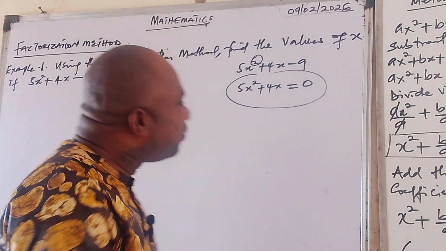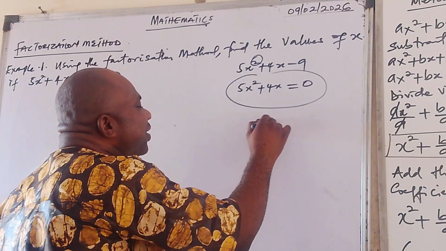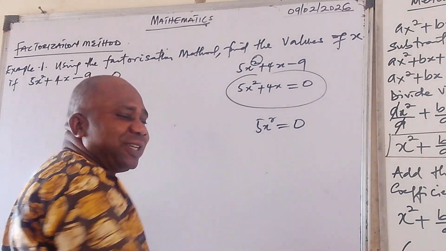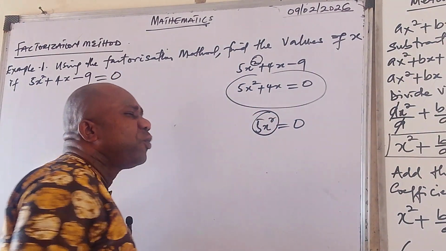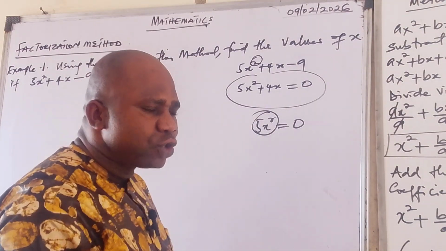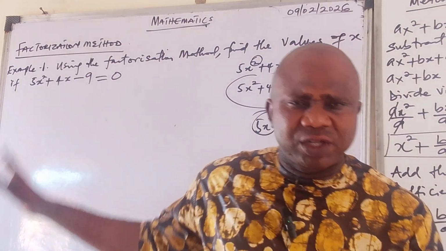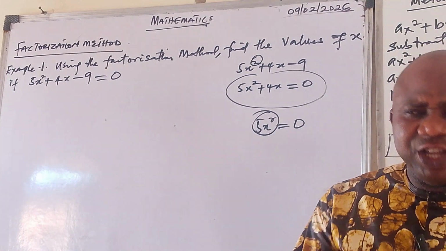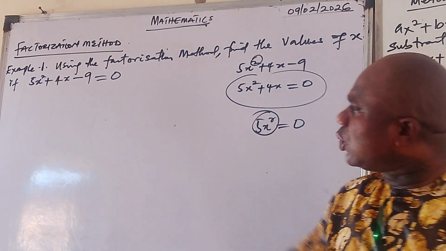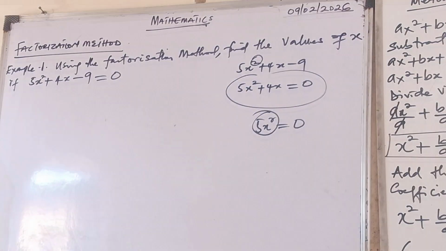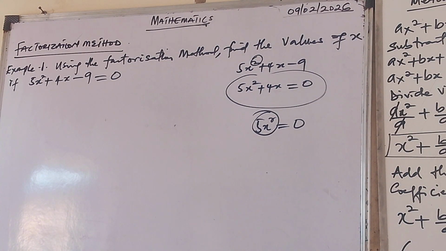Now for a monomial, you have just 1 term, 5x squared equal to 0. So this is a quadratic monomial. Now we're looking at trinomials, that is quadratic trinomials. So now we have 5x squared plus 4x minus 9 is equal to 0.